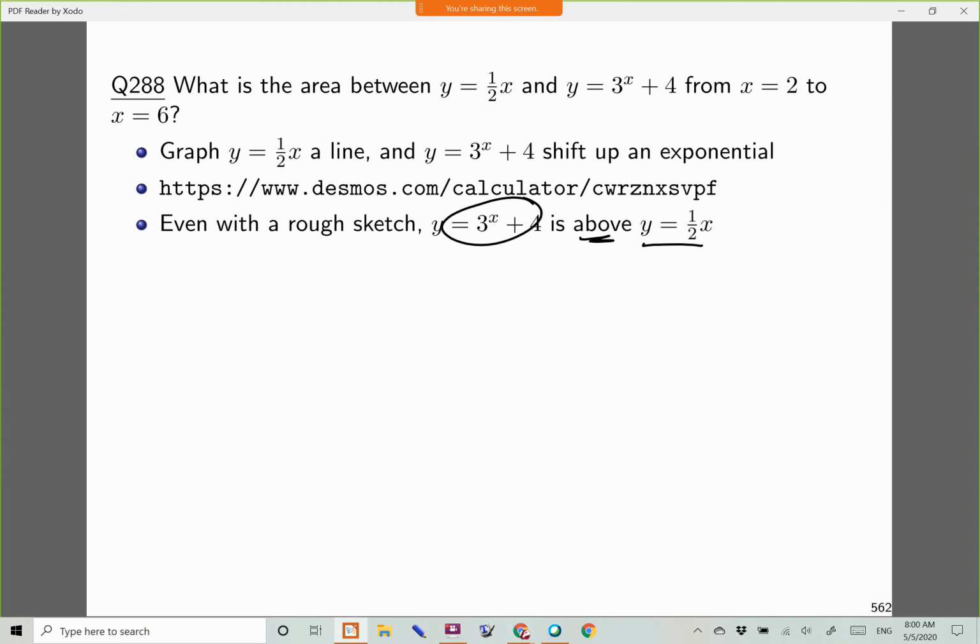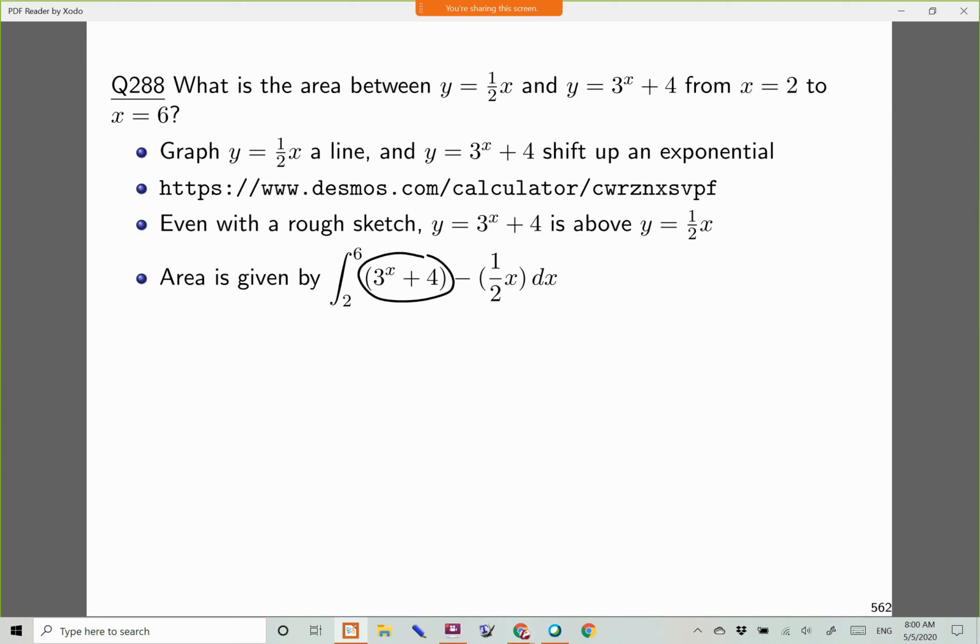And so the area here, to set this up, should be the function that's above minus the function that's below, setting up an integral from x equals 2 to x equals 6.